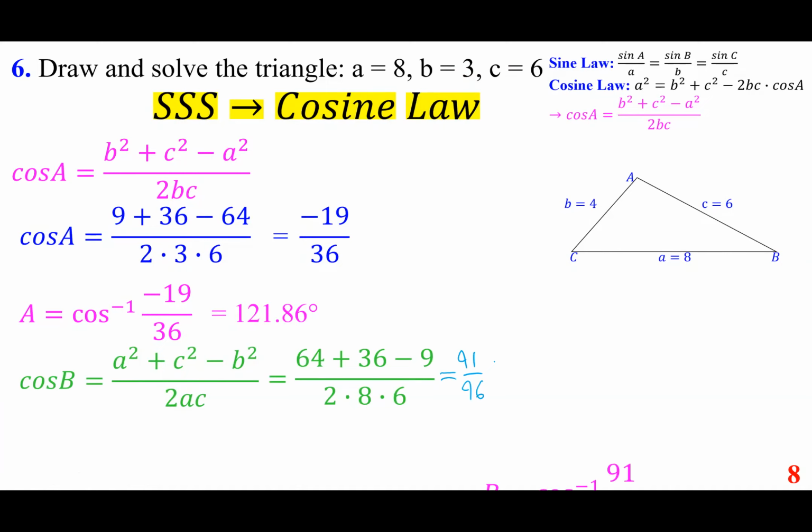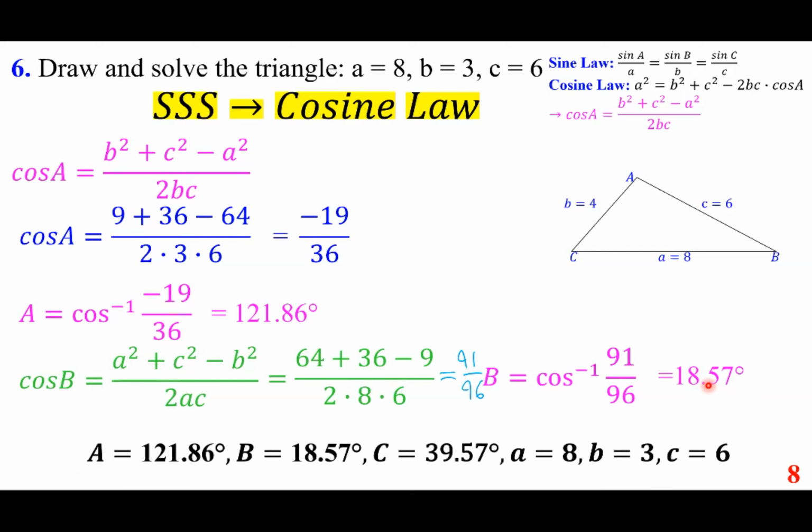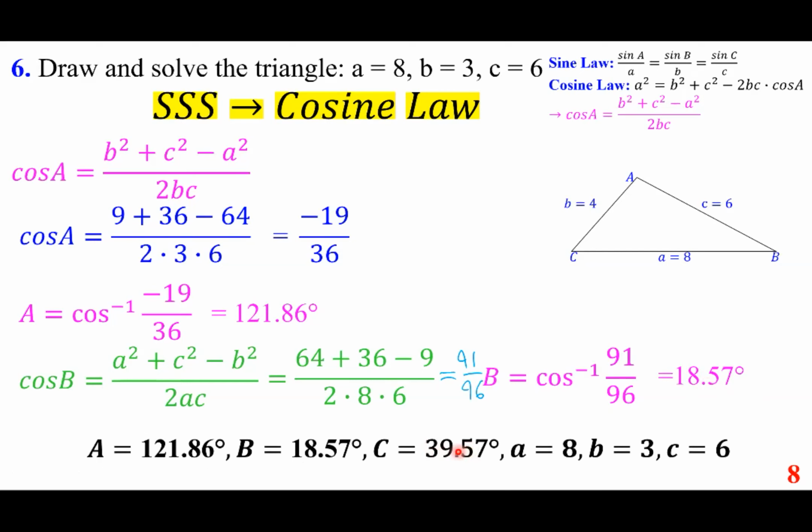And b is the cosine inverse of that, which gives us 18.57 degrees. So if this is 18.57 degrees, this is 121.86 degrees. Add them up, subtract from 180. We get 39.57 degrees.